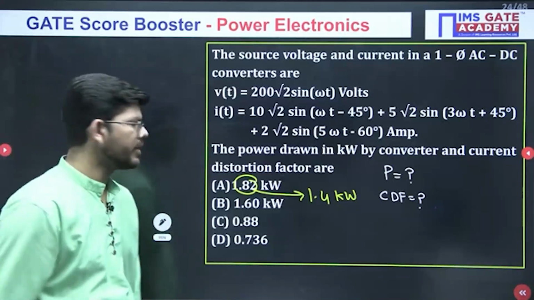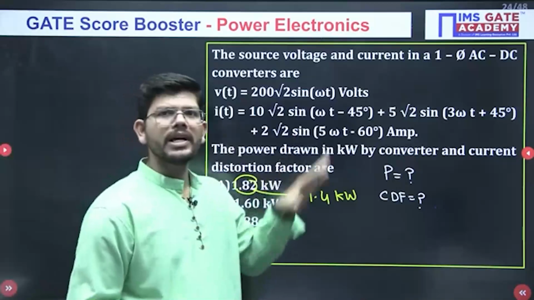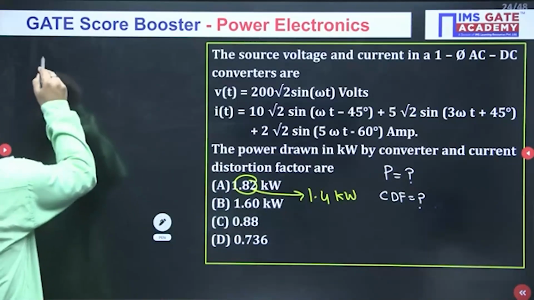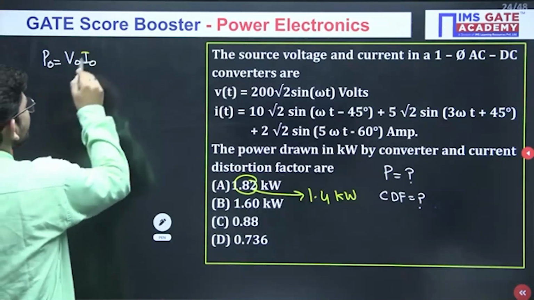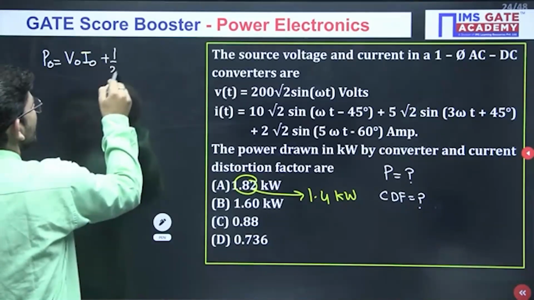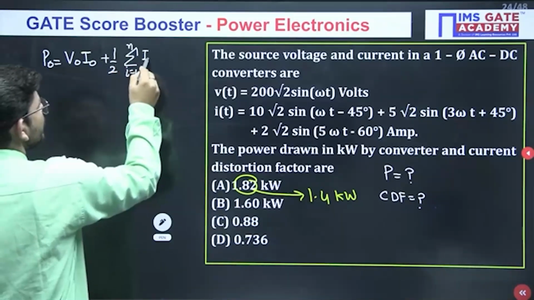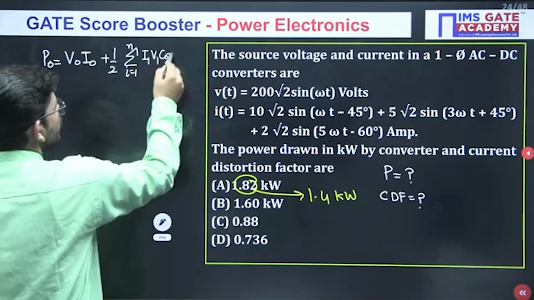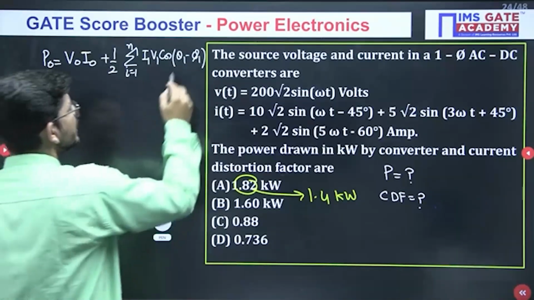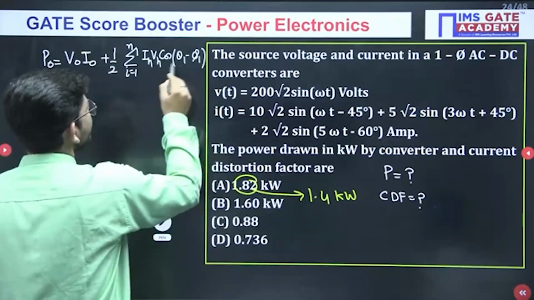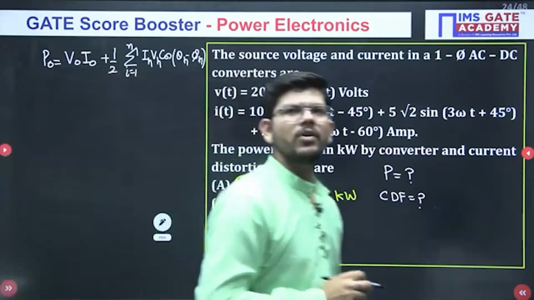Okay, let me solve this question. How to approach this question when voltage is sinusoidal but the current is not sinusoidal? In that case, you can calculate power by using this formula. The power is V naught I naught, the DC components, plus half of summation n equals 1 to N of Vn In cos of theta n minus phi n, where theta n is the angle of voltages and phi n is the angle of currents.